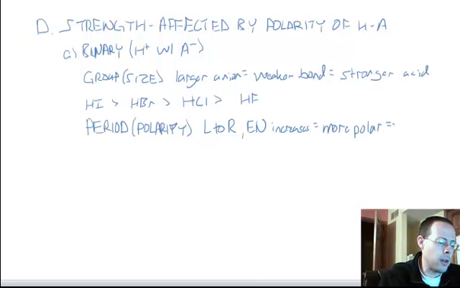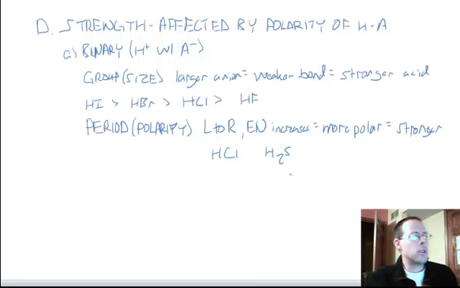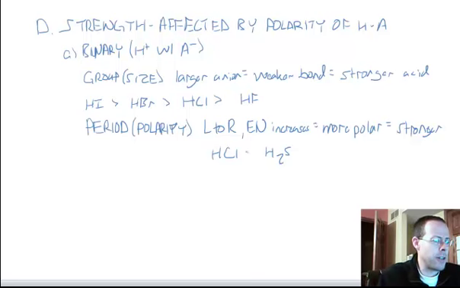And if it's more polar, we have a stronger acid. So we might compare HCl and H2S. All right? So stuff to the right is going to be stronger than stuff to the left because it's more electronegative. So again, hydrochloric is stronger than hydrosulfuric. Okay? And that takes care of binary. So binary is just simply H with one other element.